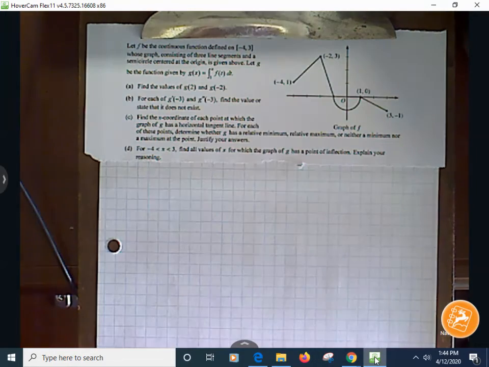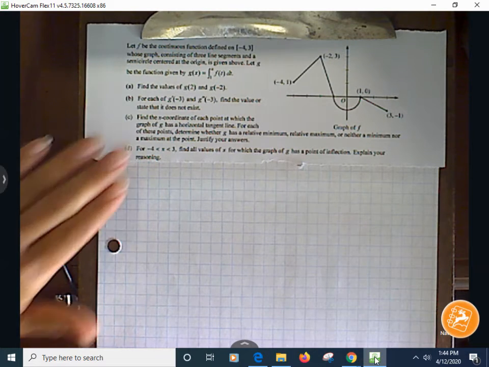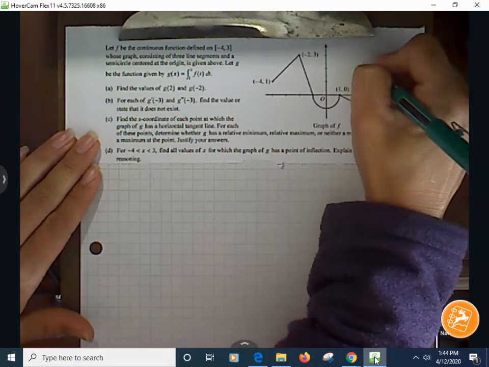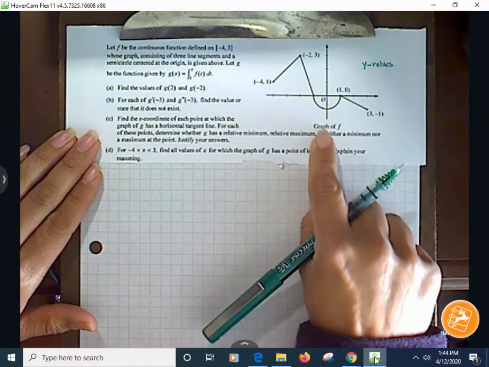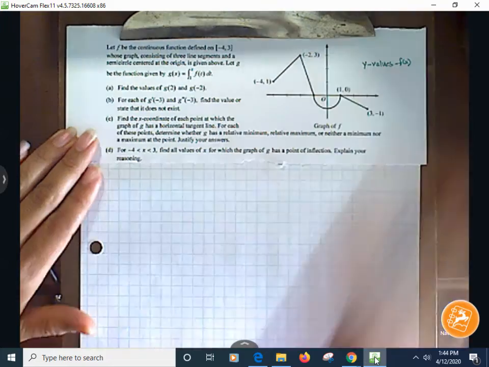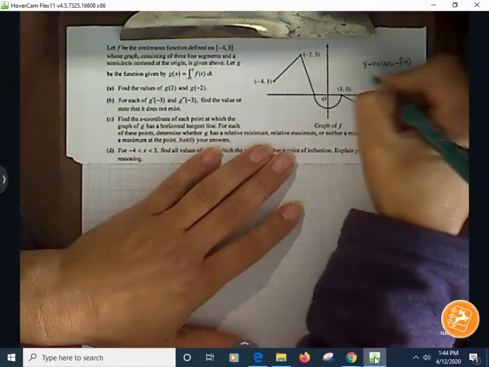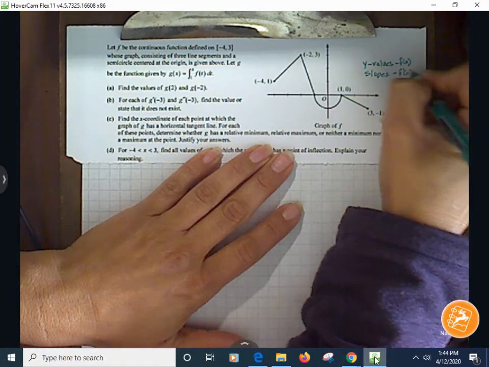Now, whenever we have problems like this, if you remember in class, I like to do a little legend. So let's see, what do the y values represent? Well, since this is the graph of f, then it's going to be my f of x. And what do the slopes represent? Then that will be the f prime of x.